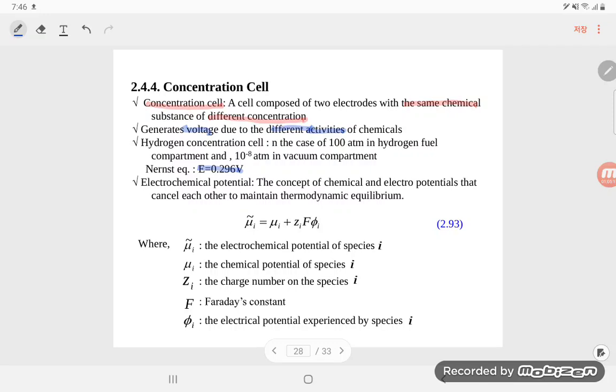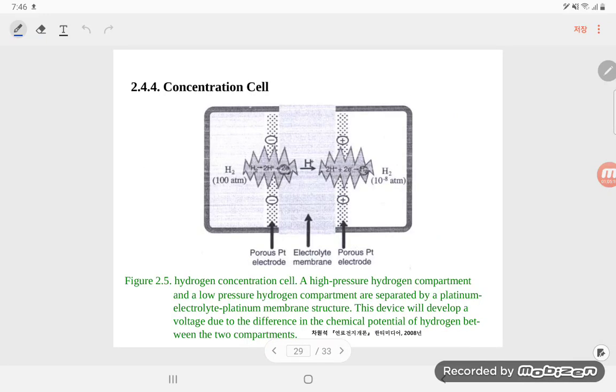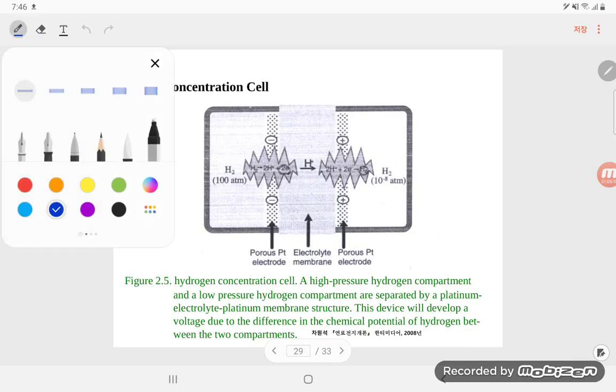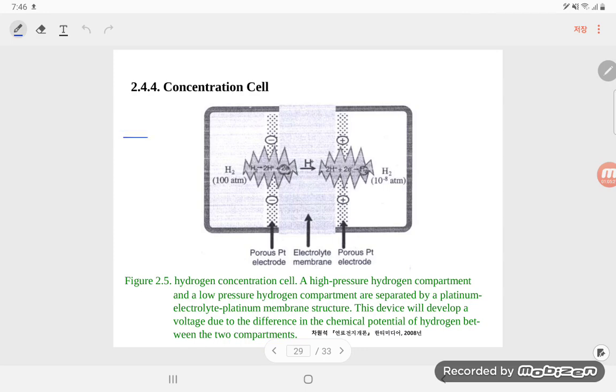Okay, let's see the figure here. As we calculated before, we can calculate the E for this one. There is an electrolyte membrane, a highly concentrated hydrogen gas in this chamber, and on the other side a very highly vacuumed hydrogen.